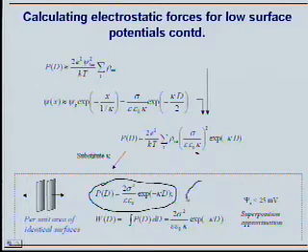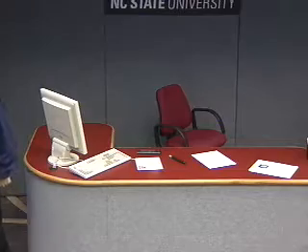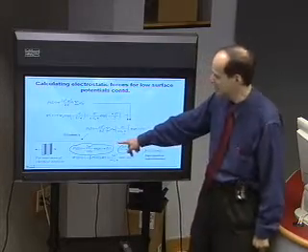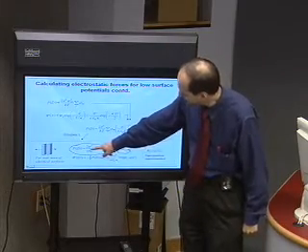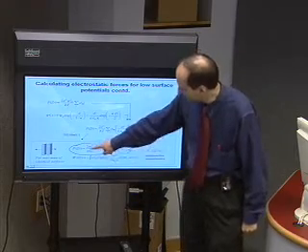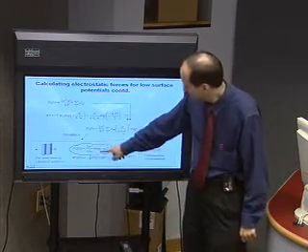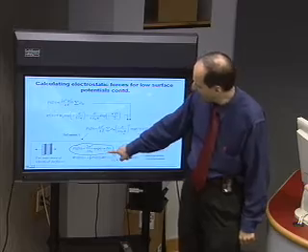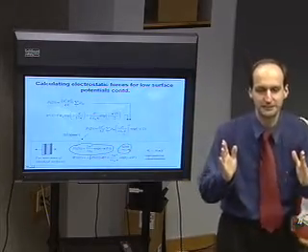It's easy to write with the mouse, so I'm going to even put a smiley face here, because this is the formula that we have been looking for since the beginning of the previous lecture. We have gone through all derivations, and we have finally derived a formula which gives you the pressure between the two surfaces as a function of the surface charge density, as a function of kappa, and as a function of the distance between the surfaces.